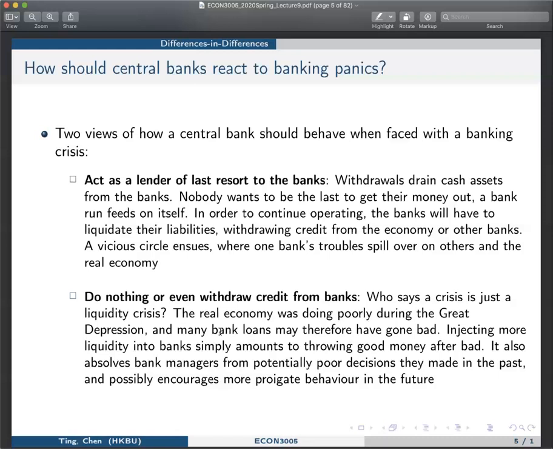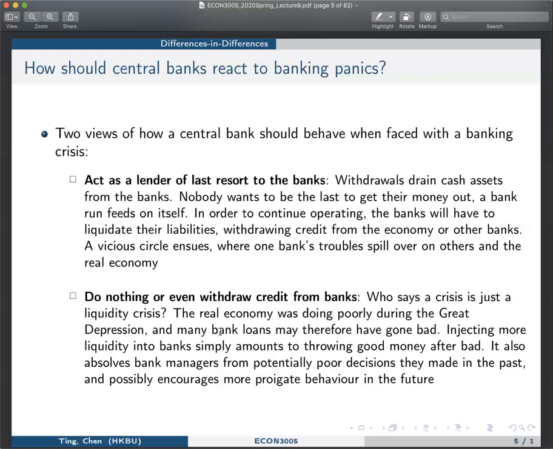After the breakdown of the Bretton Woods system, central banks no longer need to create their money based on actual assets. So basically, if the central bank wants, they can print any money. They can print as much money as they want. So that also ensures they actually have the power to act as a last resort.